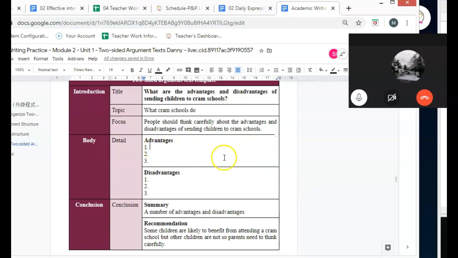Here, write advantages in three sentences.